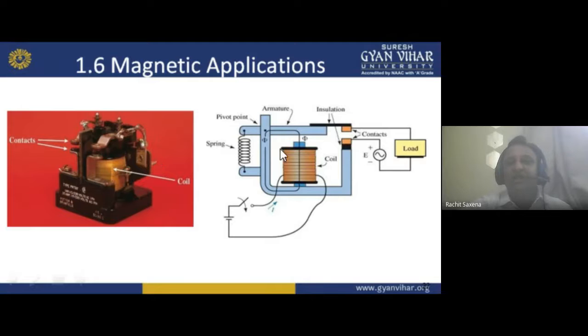So this is again a magnetic application. Dear students, we use magnets not only in machines, we also use them in switchgear protection equipment. In the MCB, miniature circuit breaker, we have the contacts. The relay is a sensing device which senses the fault and trips the circuit breaker coil. So in that relay we again use a magnet.